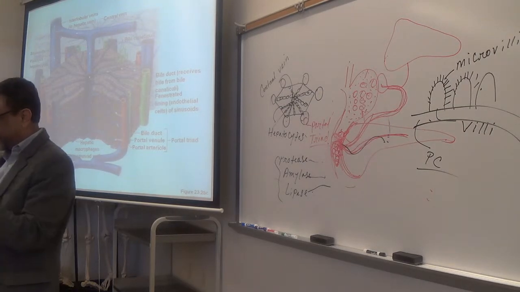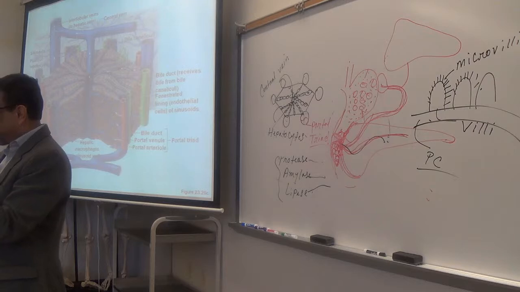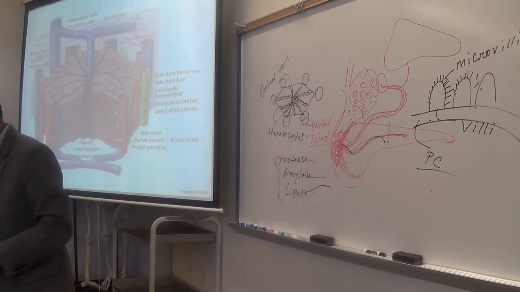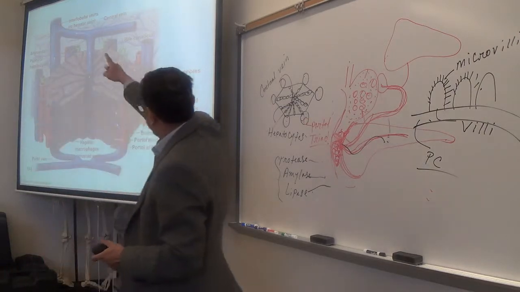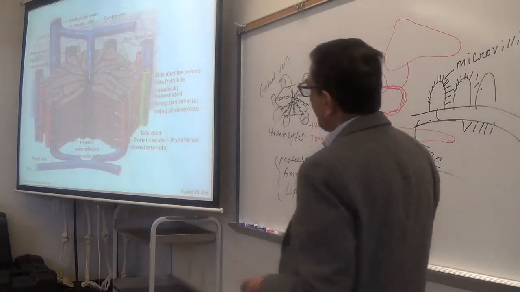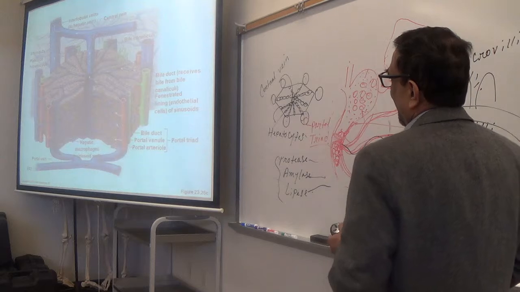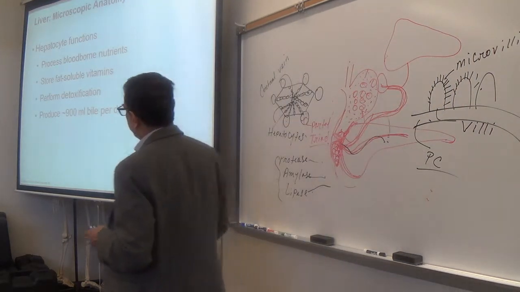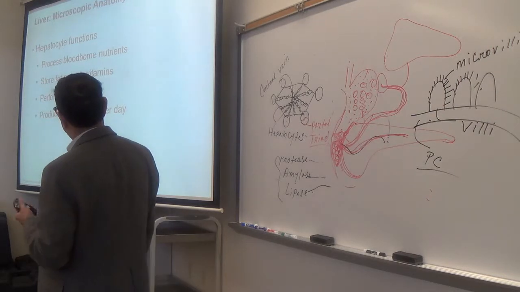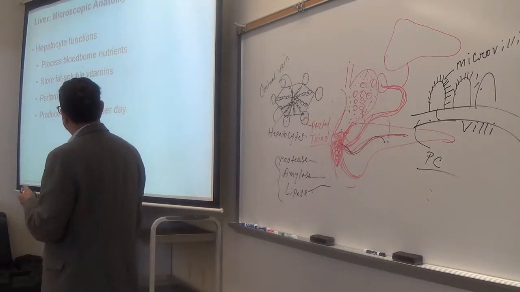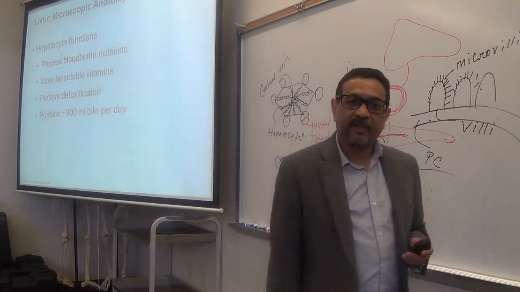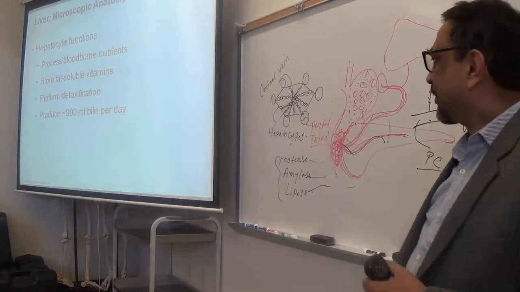They get the secretion from each cell, right? And then give it to the larger bile ducts, okay? In each corner. So that's the microscopic structure of the liver. And the bile is secreted from the hepatocytes.